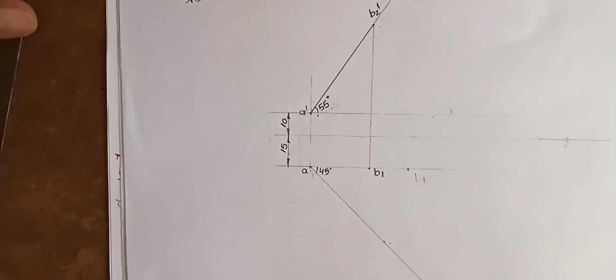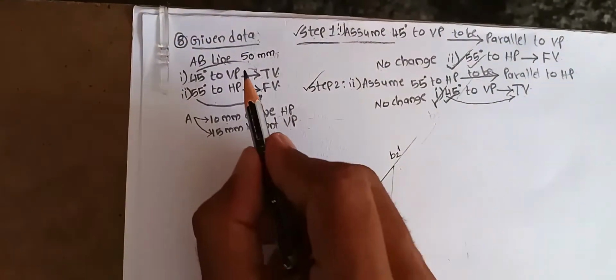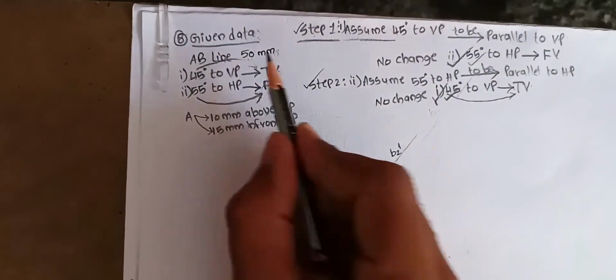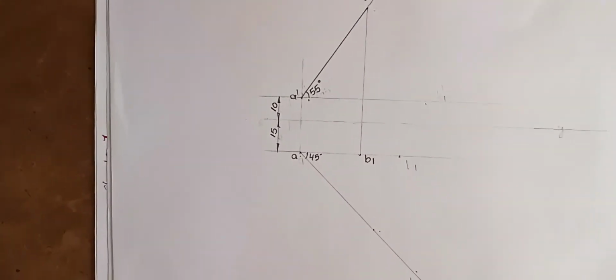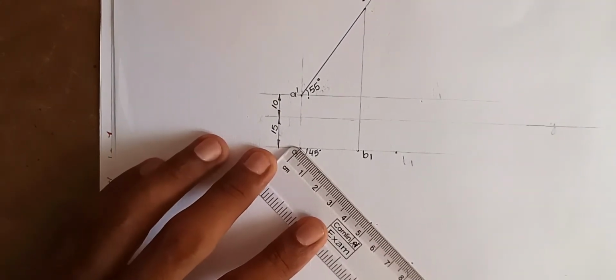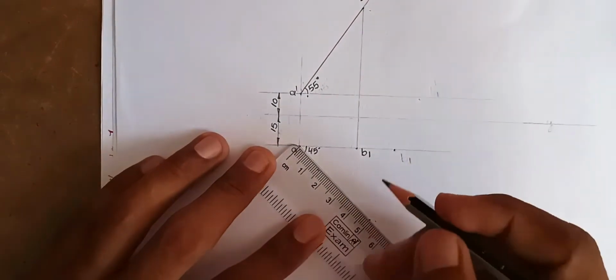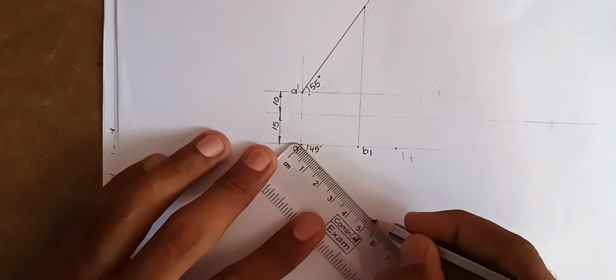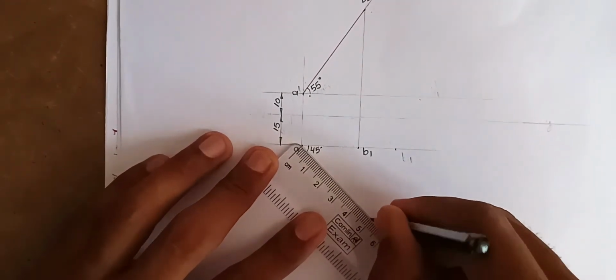Now take the scale and mark it to 50 mm, because the line length given to us is 50 mm. From there to there we have to mark 50 mm.